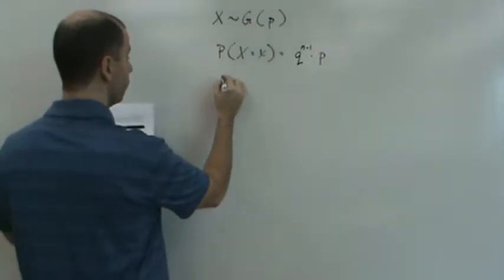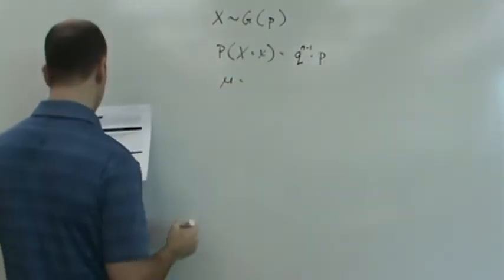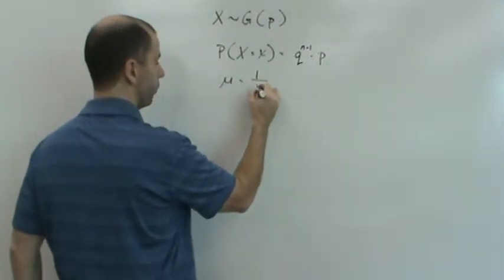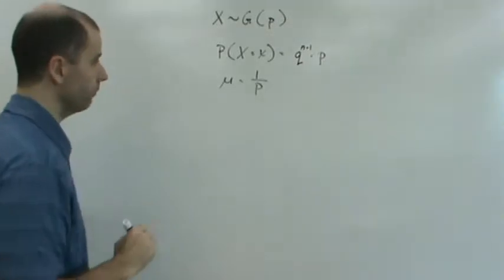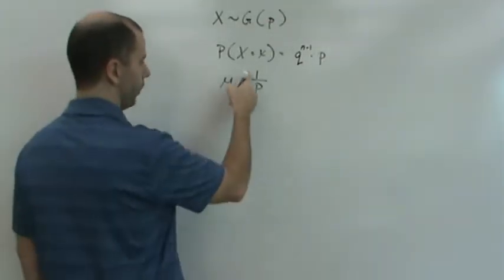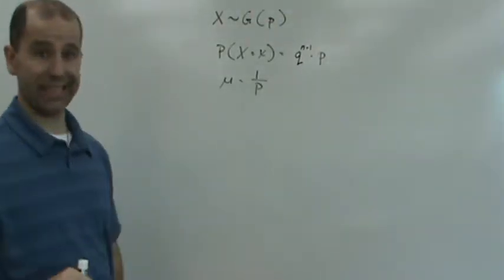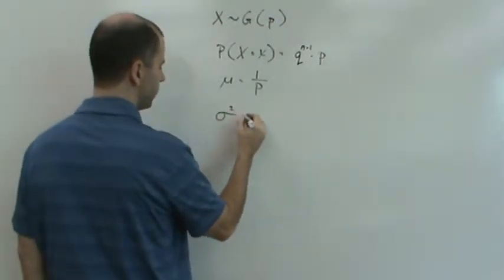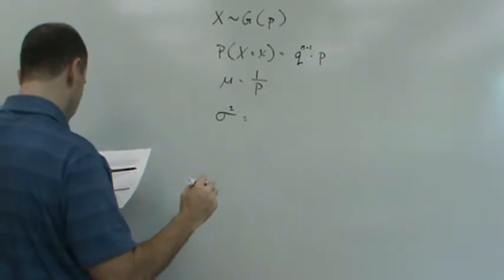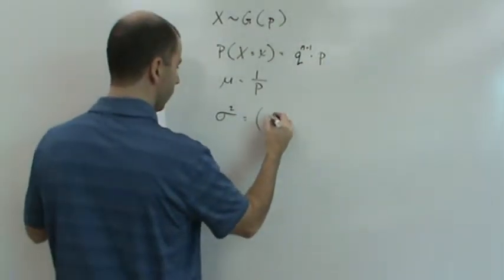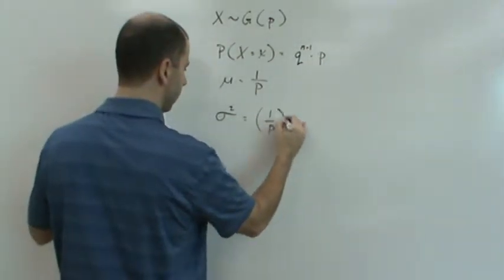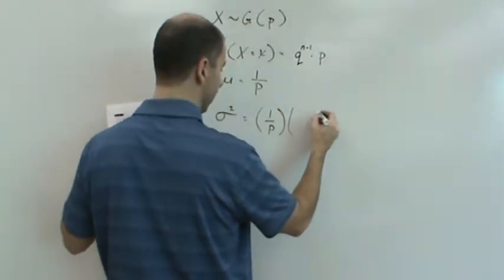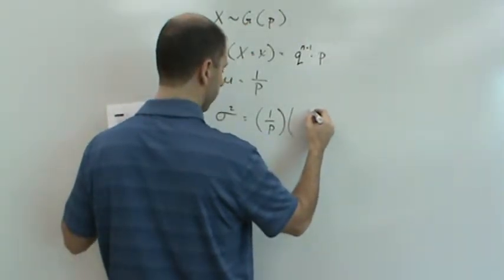Here's mu. So here's the formula for the mean. Mean of a geometric is just 1 over P. So it's just 1 over the probability of a success. The variance is going to be this formula.